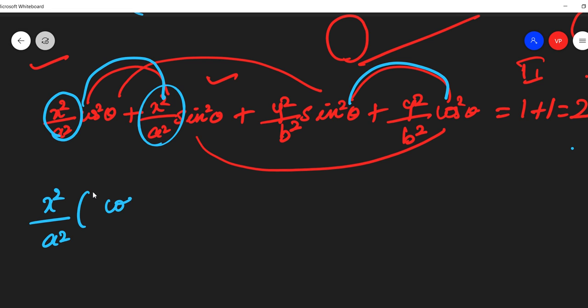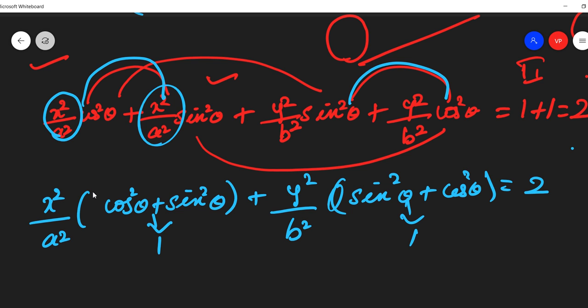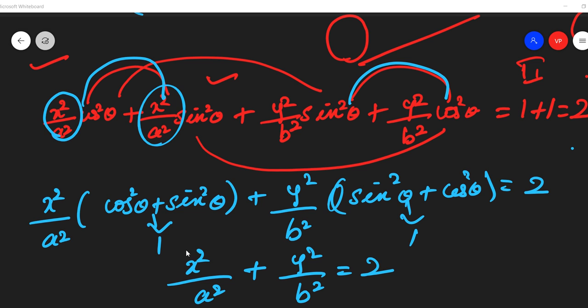Inside we have cos square theta plus sin square theta. Here also, y square by b square outside, and inside we have sin square theta plus cos square theta. So this is equal to 2. We can write here 1. So we have x square by a square plus y square by b square equal to 2. So this is the final answer.